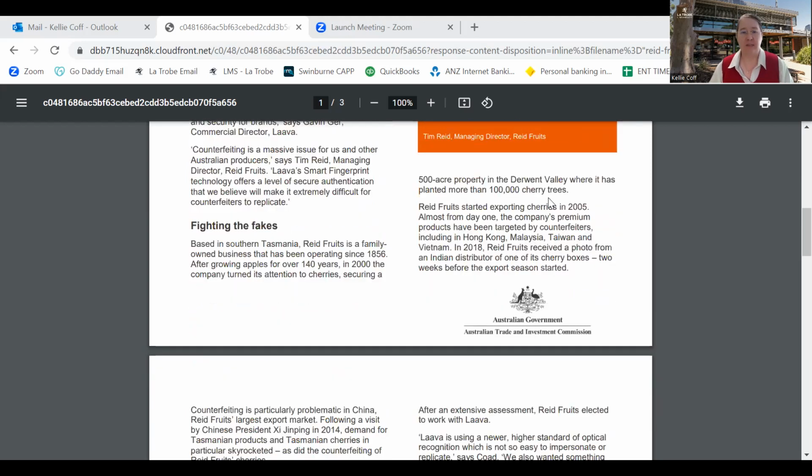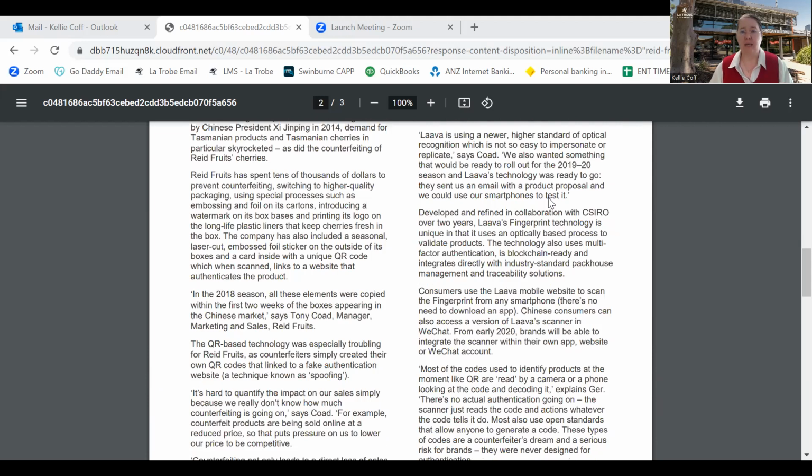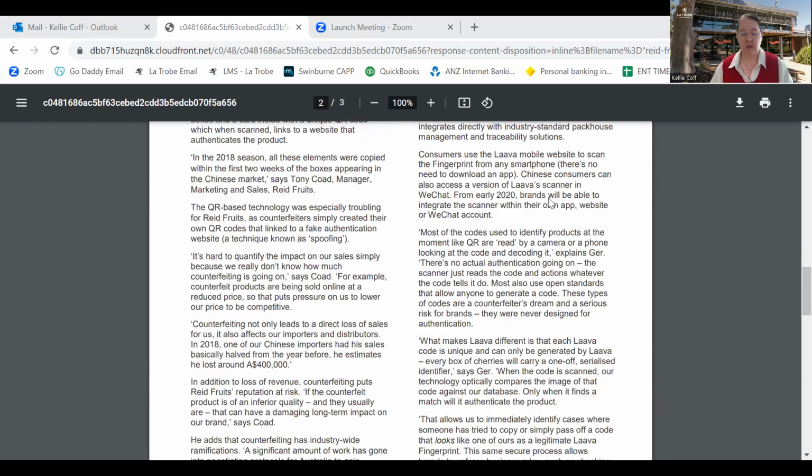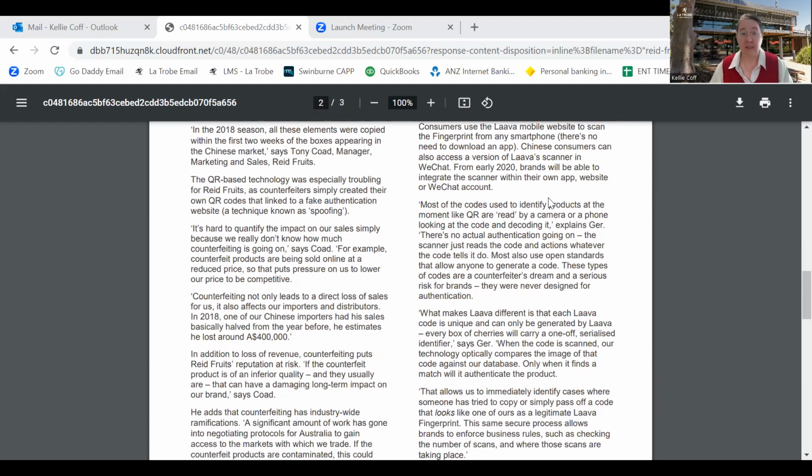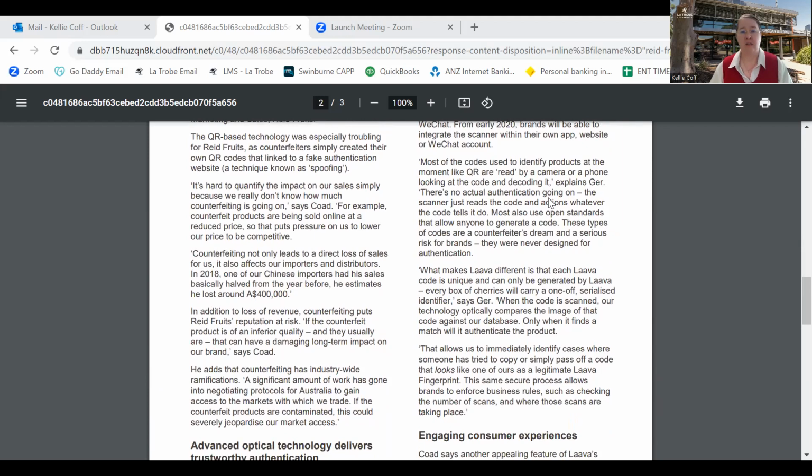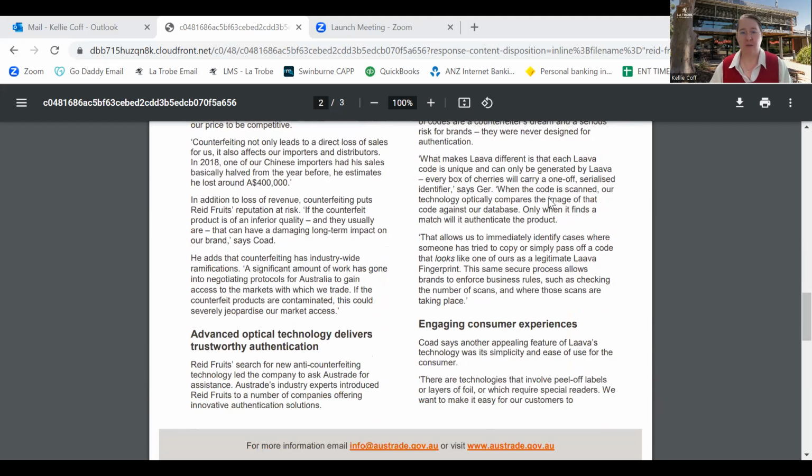In this case study, the action that they took was to engage a company called Lava, who used technology to create a digital fingerprint so that they could counteract the counterfeit happening with their boxes. So engaging a different company to include their skills and resources, that's one of the things that you'll look at in the content is an option for companies to do as they expand globally.